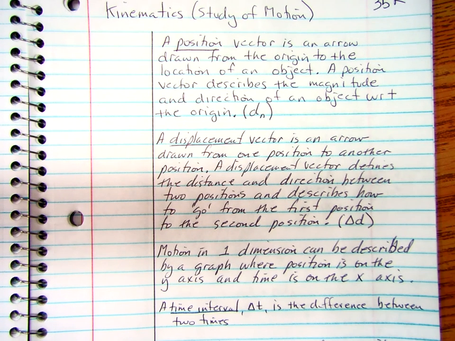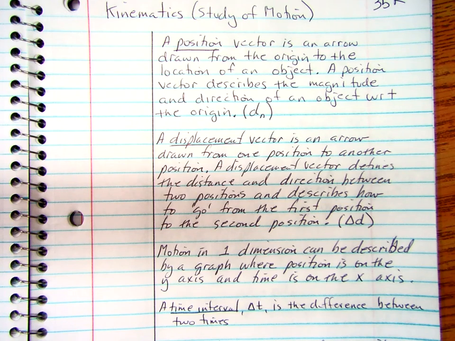Okay, we've been studying kinematics, and we have talked about position vectors and displacement vectors and the difference between them. We know that position vectors are special displacement vectors that are referenced to the origin, and displacement vectors can be referenced to any other position. And we've drawn motion diagrams where we've put the time on the x-axis and position on the y-axis.